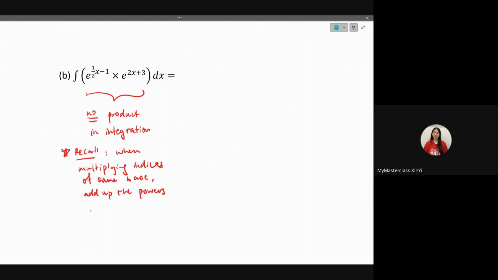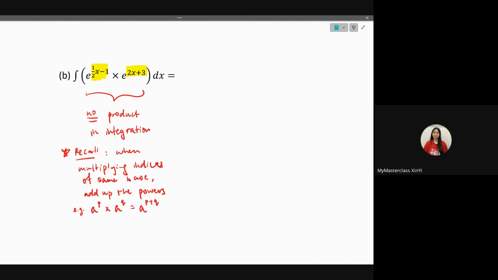So if I have a to the power of p times a to the power of q, then this is basically just a to the power of p plus q. Same thing here. If I have e to the power of half x minus 1 times e to the power of 2x plus 3, same base e, I'm going to add up the powers.